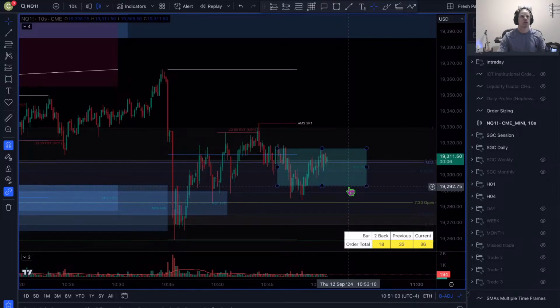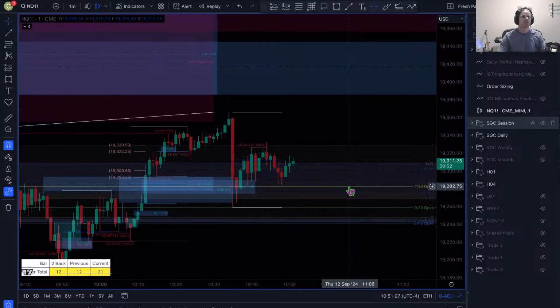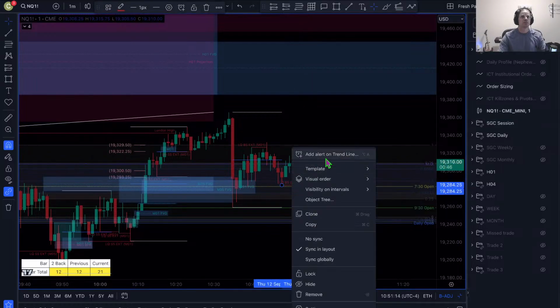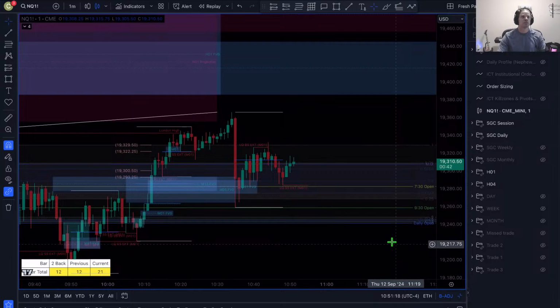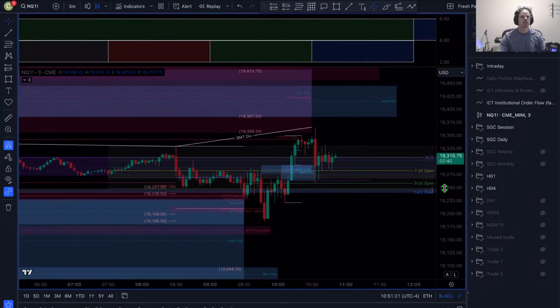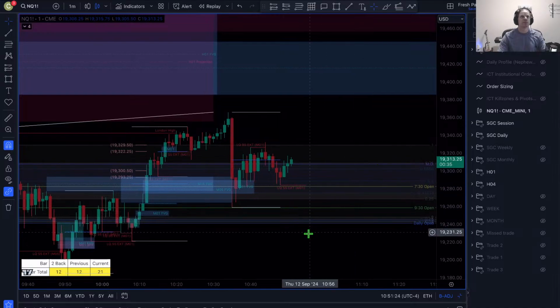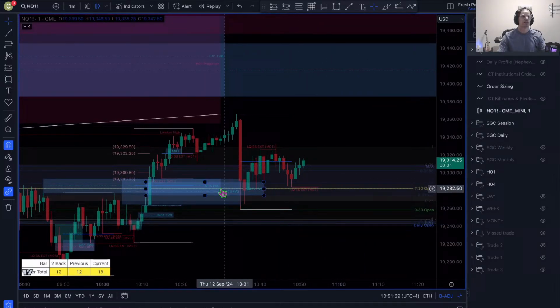Oh, no close. Now the M3 did close above the midnight open again. M1 still could, and then that would still be valid.